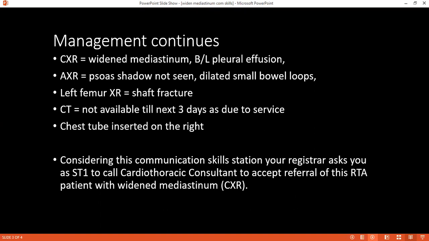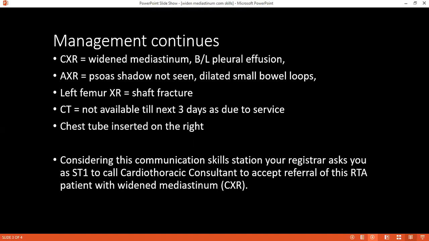Okay. So what are you going to do about his BP? About his what, sorry? The blood pressure. Okay. I will start fluid resuscitation. If there is no response, I will give him a blood transfusion.